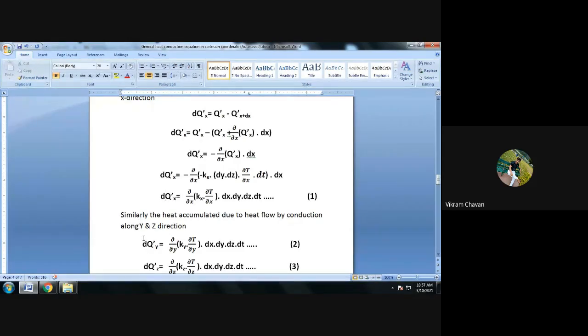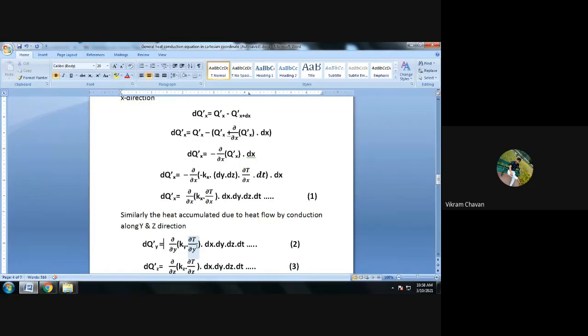So net heat accumulated in the element in the y direction will be dq dash suffix y, which is equal to differentiation with respect to y of, in bracket, k suffix y multiply by partial t divided by partial y, bracket complete, multiply by dx dy dz multiply by dt.